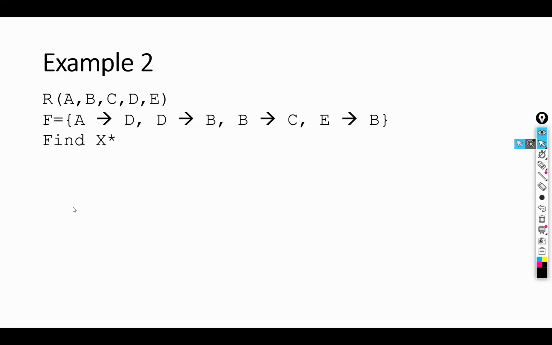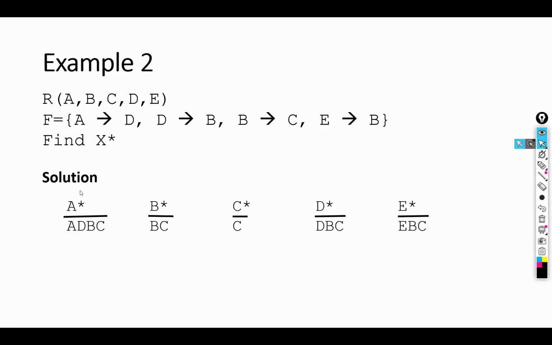For A, you can find A closure, B closure, C closure, D closure, E closure. A determines A by reflexivity. Then A determines D. Then D determines B, therefore A determines B. And then B determines C, therefore A determines C also, and so on.